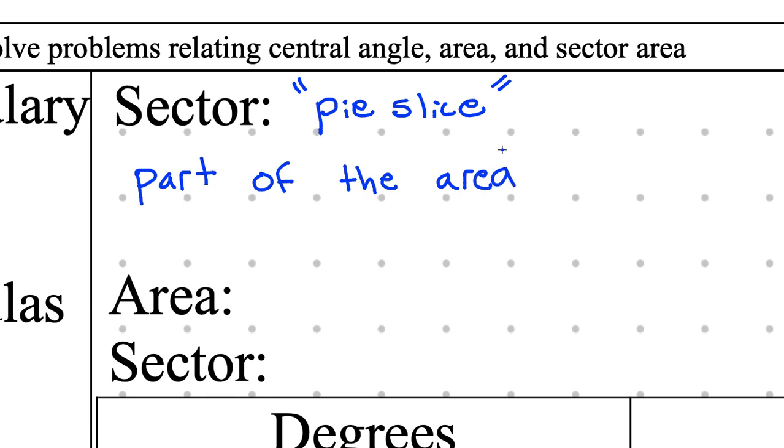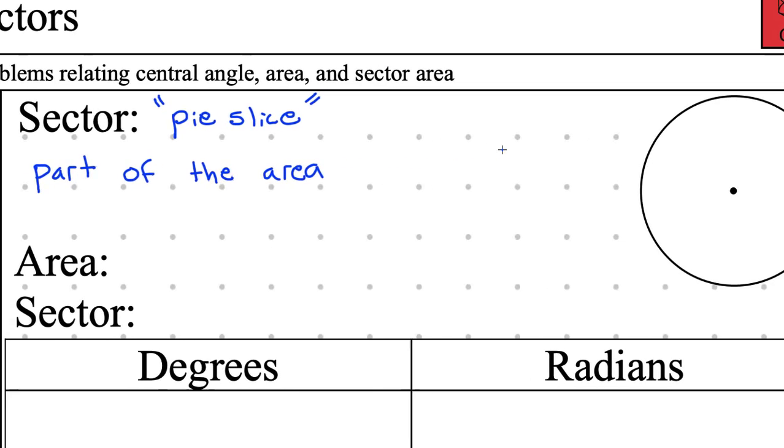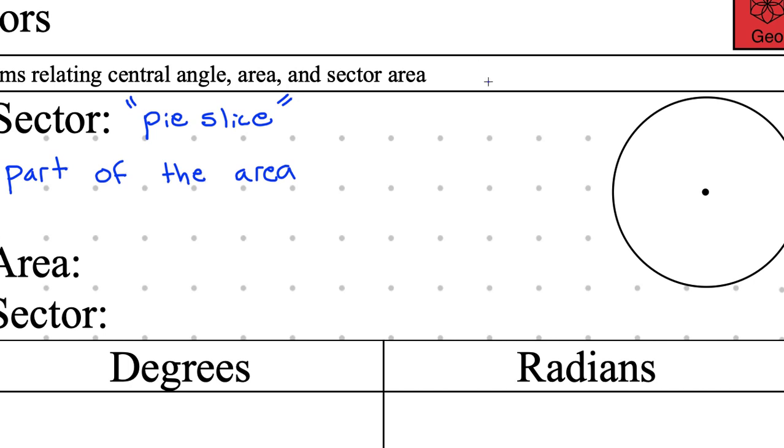So let's look at our diagram over here on the right hand side. If I were to cut off a pie slice, let's just go from the central angle, so from here to there, just kind of a random pie slice. That right there, if I shade in this area, this is the area, and I'll call this area the sector.